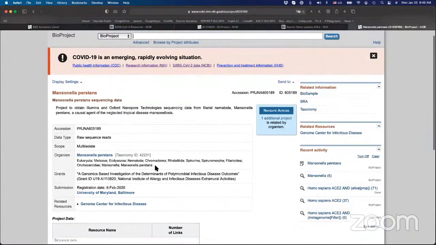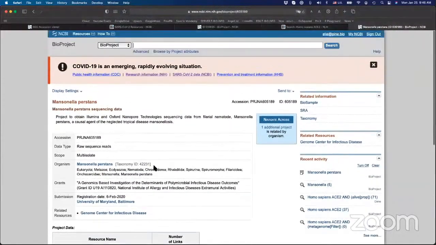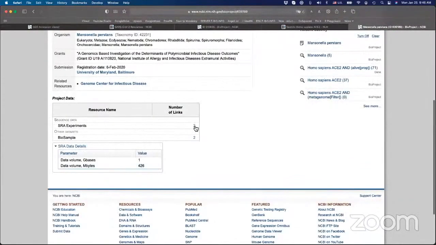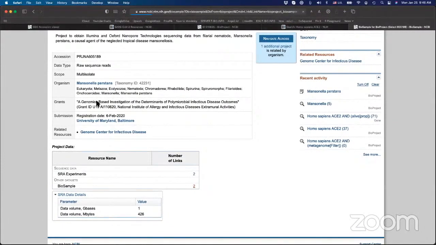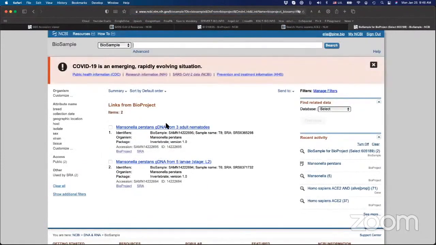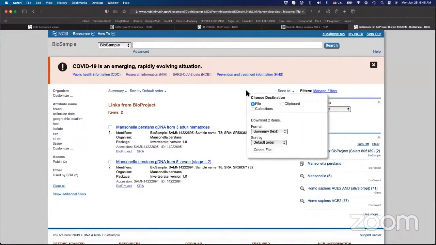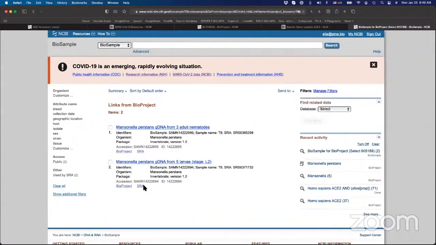Okay, let's see, where was this collected, if we can find out. Looks like a very recent data set. A genomics, okay. Do we know where it came from? Let's see.